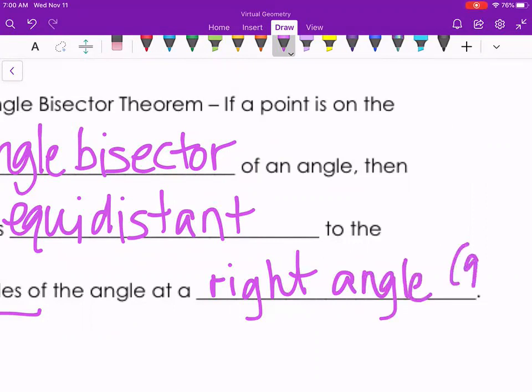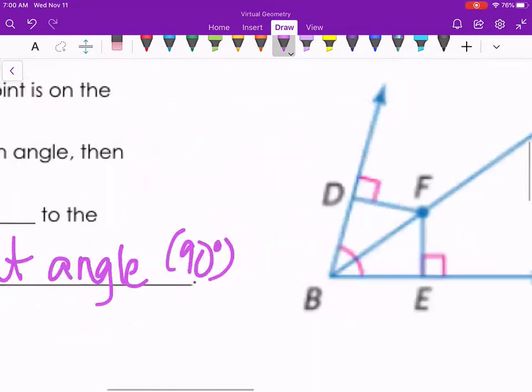And remember, right angles are 90 degrees. So you're looking for those 90-degree symbols, that right angle box in your figures.